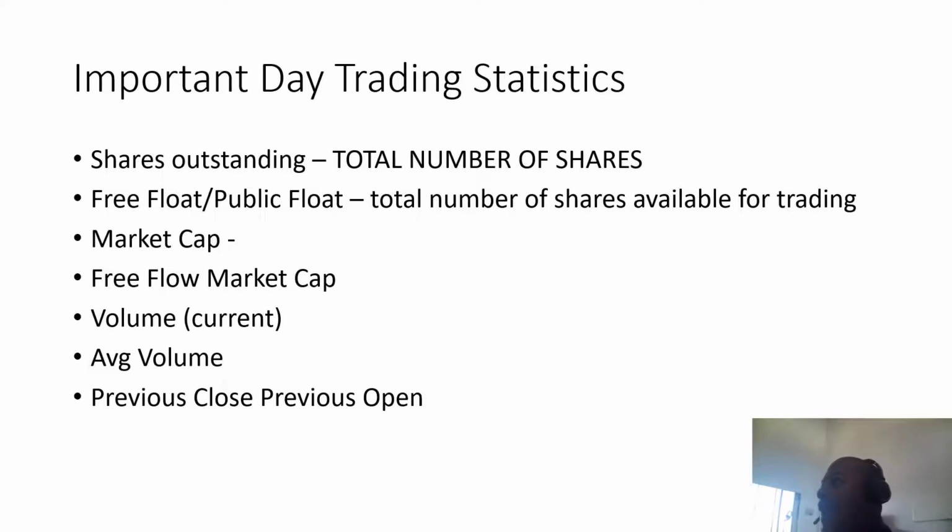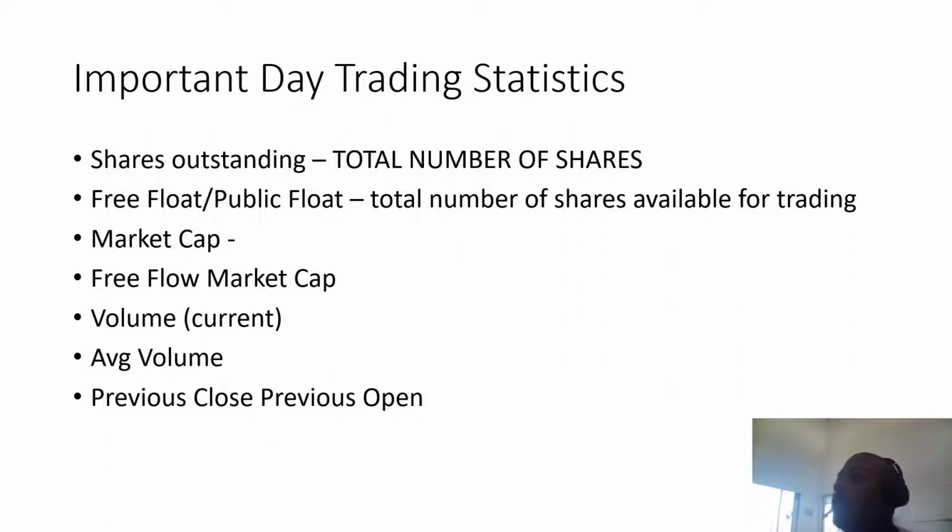Then there's market cap. Market cap pertains to the valuation of the company, as far as the dollar amount. And then the free float market cap is the public value of the actual stock that's traded among the public, all right? So that's kind of the difference between the two. They're kind of similar but kind of different. And I'll go into a little bit more detail there.